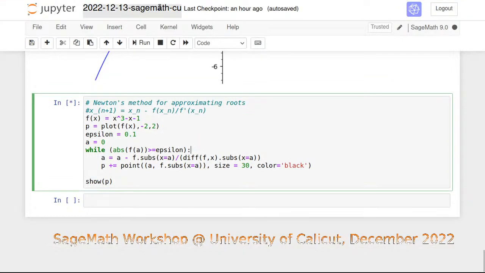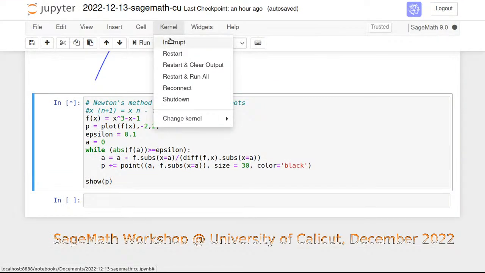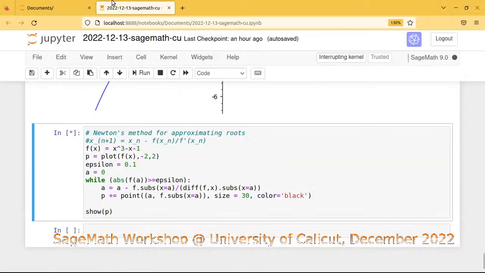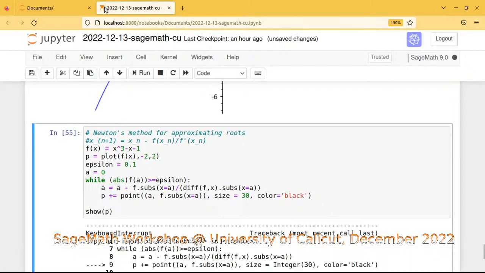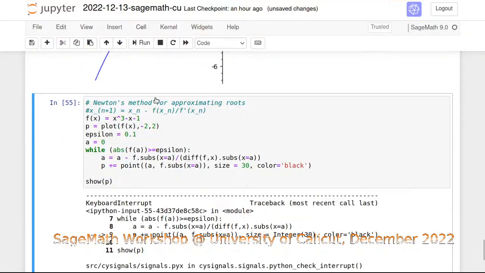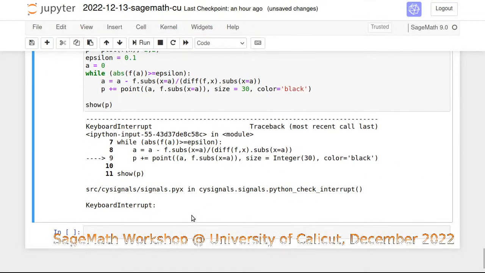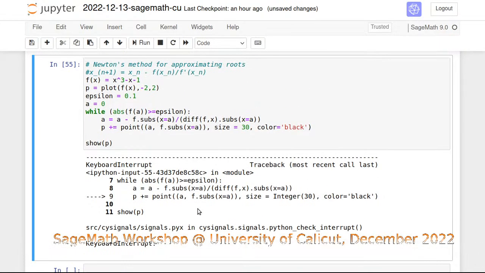So what we might have done, now it's time to interrupt the kernel. You can see that there is an hourglass icon here. I'm just trying to interrupt. It's interrupted. What is the problem? Where is this happening?